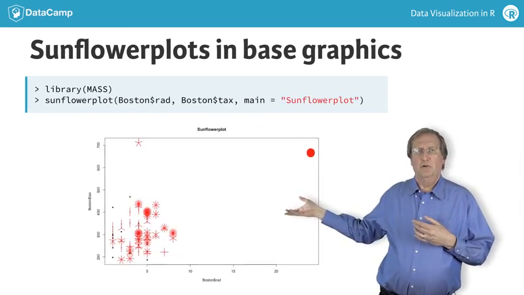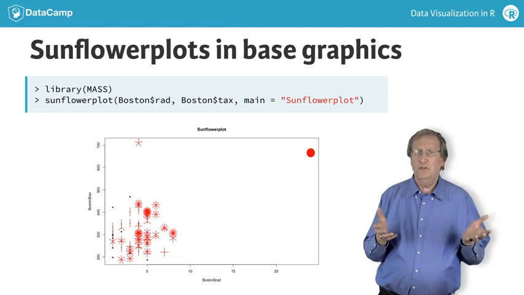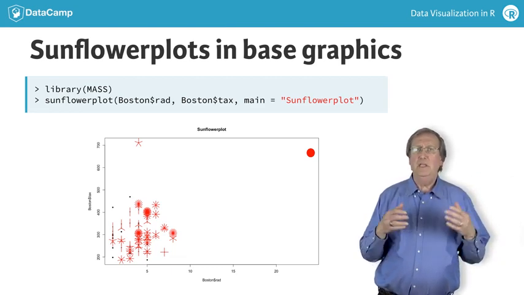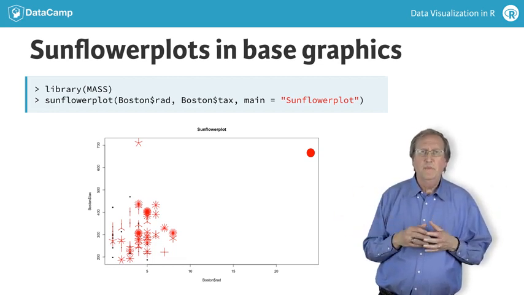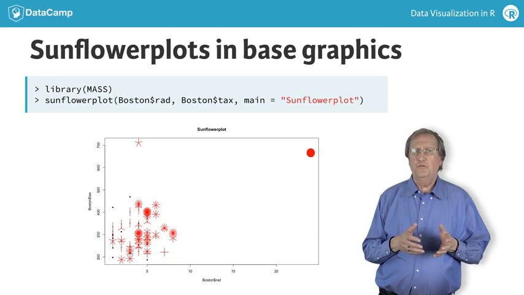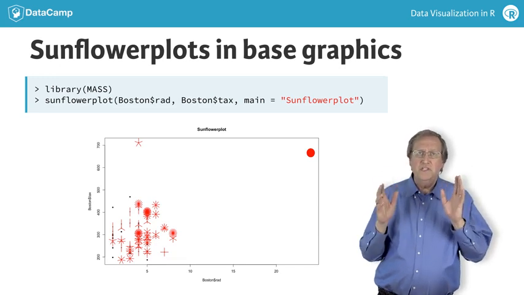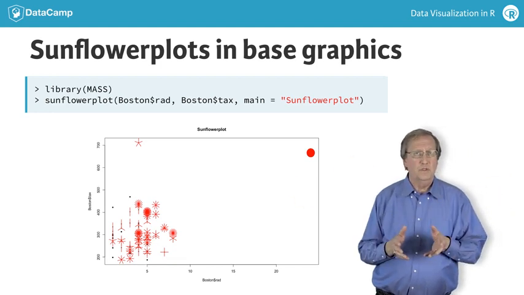Here is a sunflower plot between the numerical variables tax and rad, also from the Boston data frame, which measure the tax rate and the index of accessibility to radial highways for each neighborhood. Sunflower plots are useful when numerical data points are repeated, that is, when the same pair of rad and tax values occurs more than once.